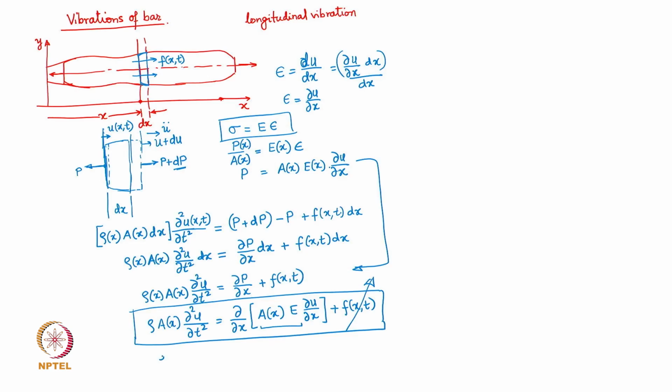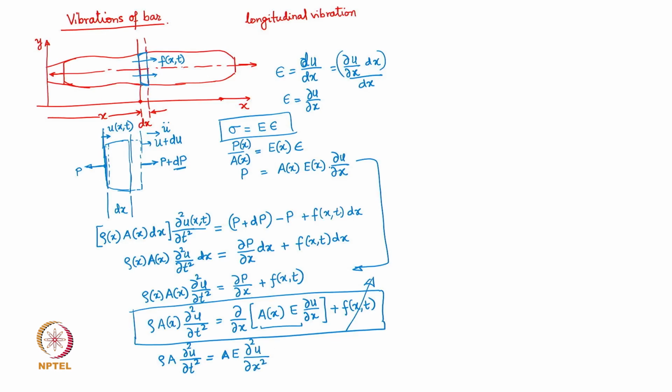Then I can write this as rho A partial squared u by partial t squared equal to A into E, times partial squared u by partial x squared. If A is continuously changing, then I cannot take A out, and the equation becomes more complex, requiring a different method of solution.